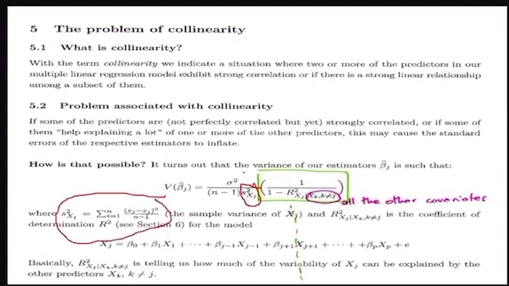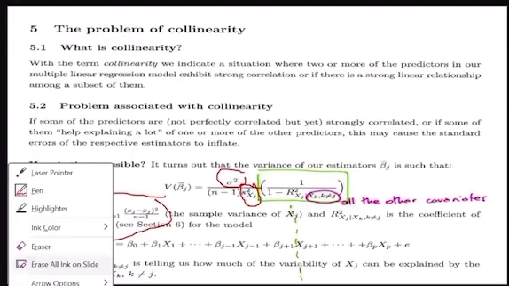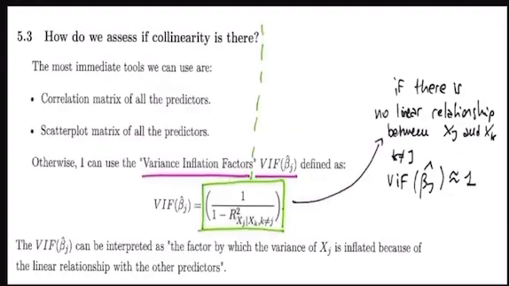And of course, we can estimate sigma square. Don't forget, the estimate of sigma square will be the sum of squared residuals divided by n minus 2. Now, we need to first investigate that. Like I said, this is what I call the variance inflation factor, the VIF.